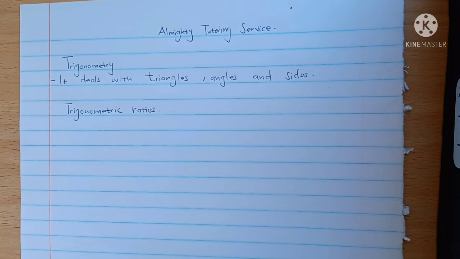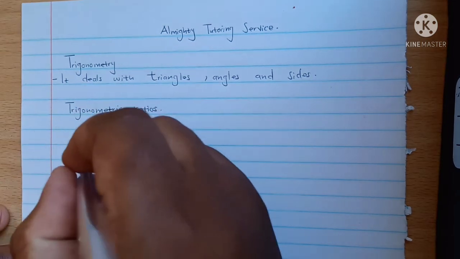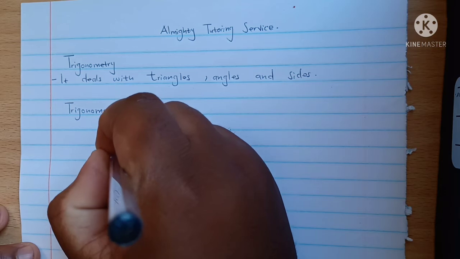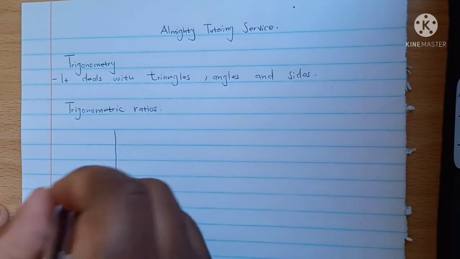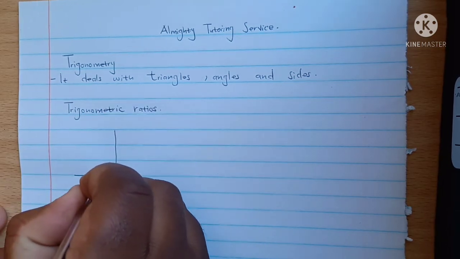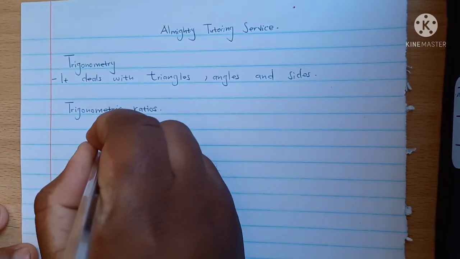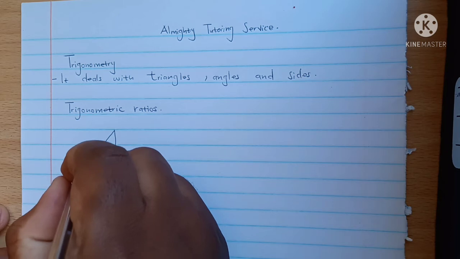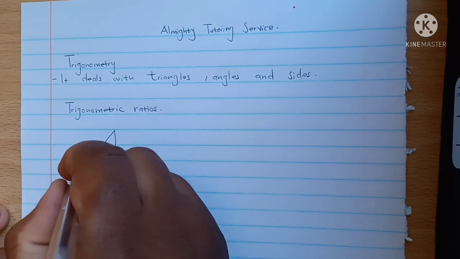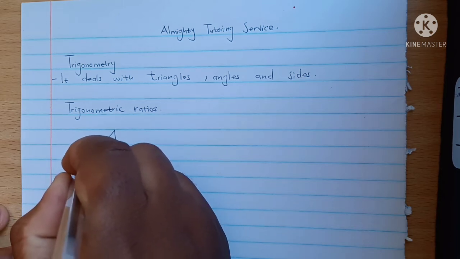Let's take, for instance, a triangle. This is our triangle. It has an angle, let's say an angle alpha there.